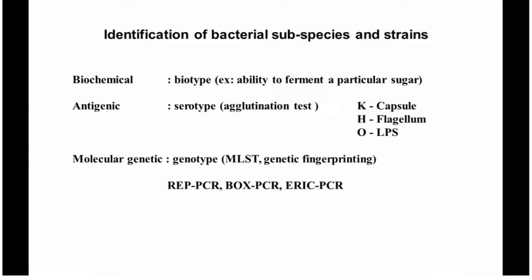And the distribution of these repeated sequences is different between species, and it's different between strains of the same species. So what you want to do is use PCR primers that are specific for one part of the repeated sequence. And so when you've got two that are close to each other, then amplify up the PCR product.